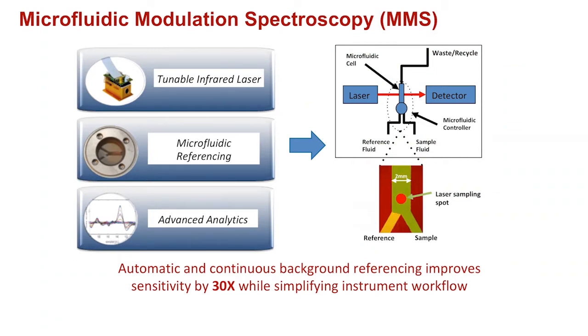As shown in the schematic diagram on this slide, there are three major components in the analyzer: a mid-IR tunable quantum cascade laser, a thermal electrically cooled detector, and a Y-shaped microfluidic transmission cell.